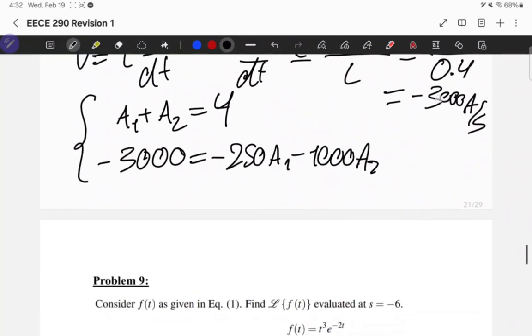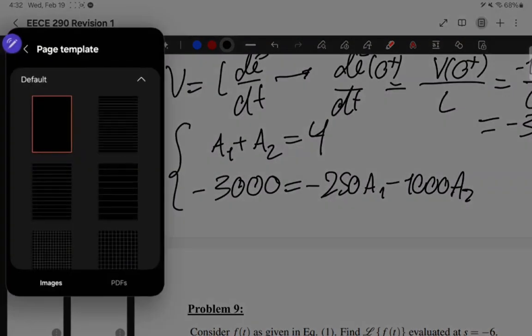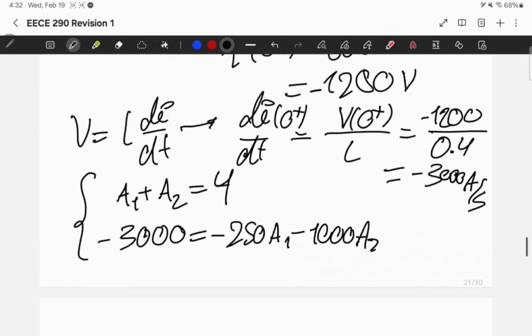Now if I solve, let me add another page. If I solve for these two equations by putting them on the calculator, I get A1 plus A2 is equal to 4, minus 250 A1 minus 1000 A2 is equal to minus 3000.